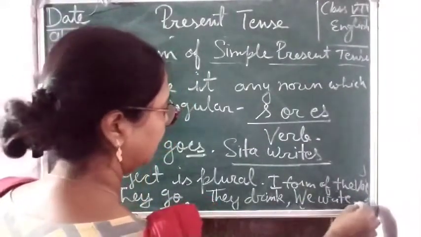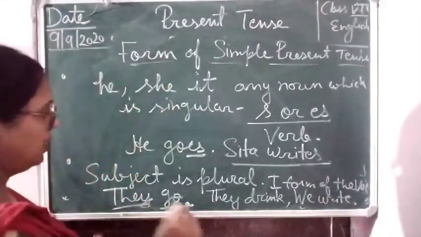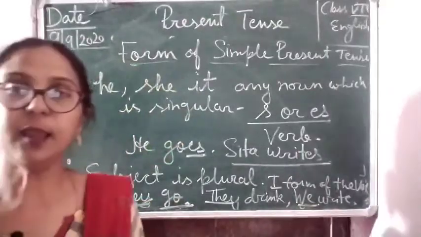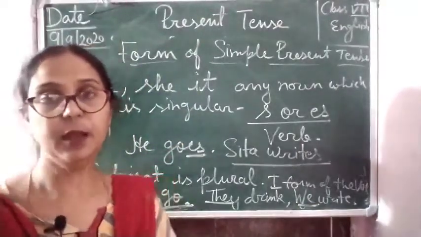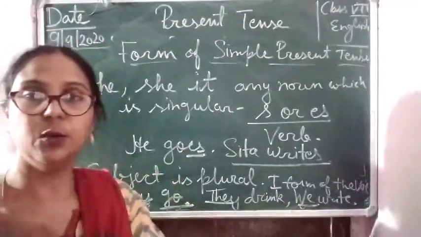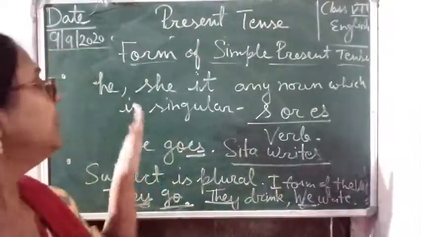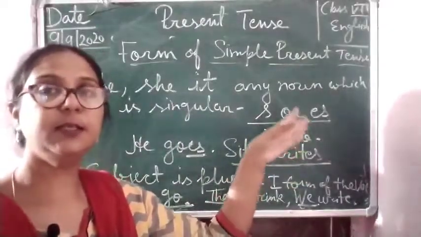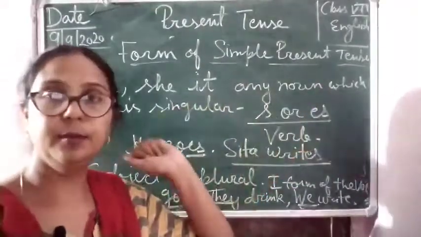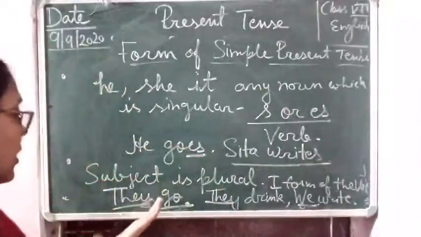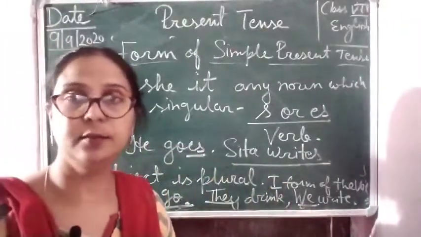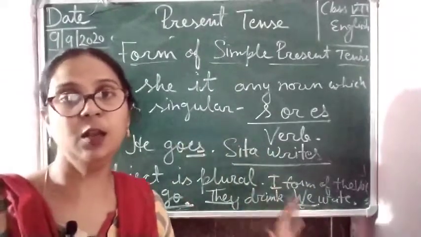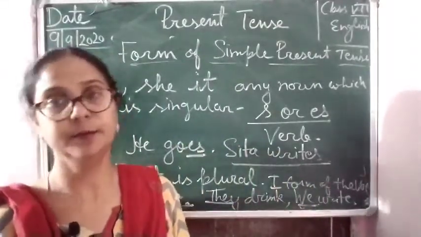Why? Because these are all plural subjects. That is why the root form of the verb is used. So always remember, whenever the subject is singular, we use s or es with the verb, and when the subject is plural, we use only the root form of the verb.